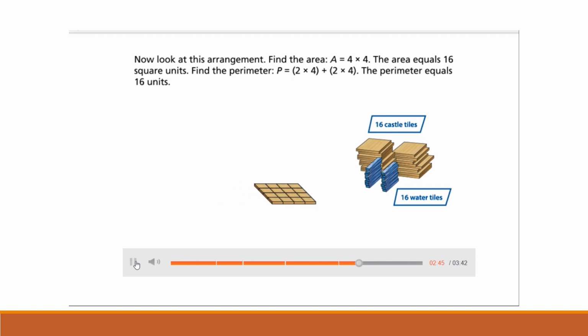Now look at this arrangement. Find the area. A equals 4 times 4. The area equals 16 square units. Find the perimeter. P equals open parenthesis 2 times 4, close parenthesis, plus open parenthesis 2 times 4, close parenthesis. The perimeter equals 16 units.